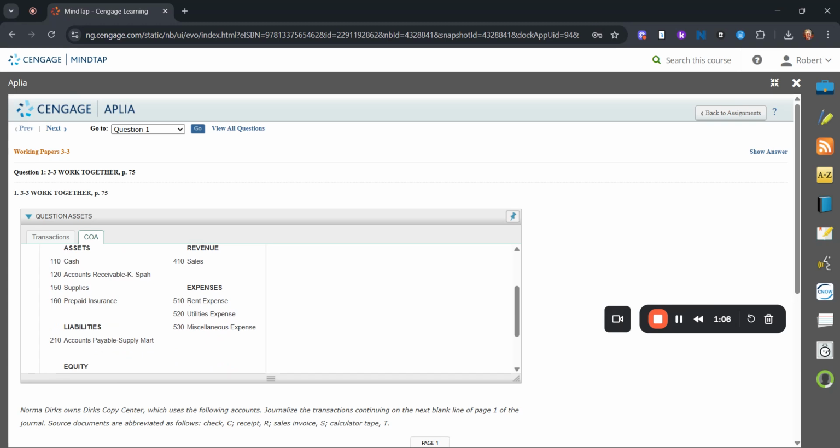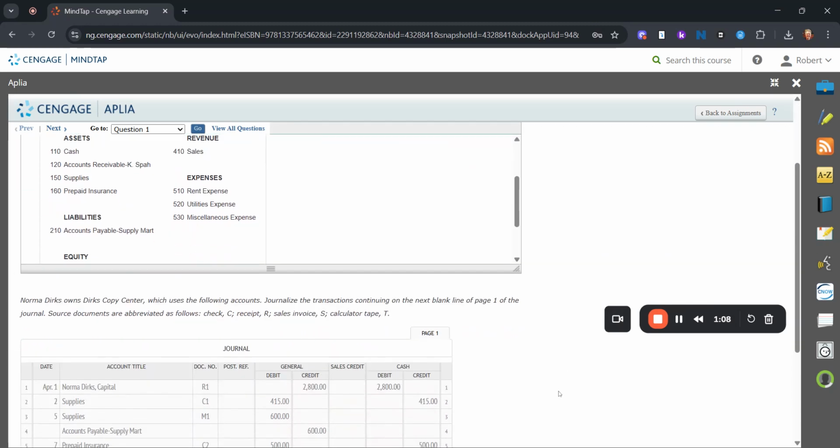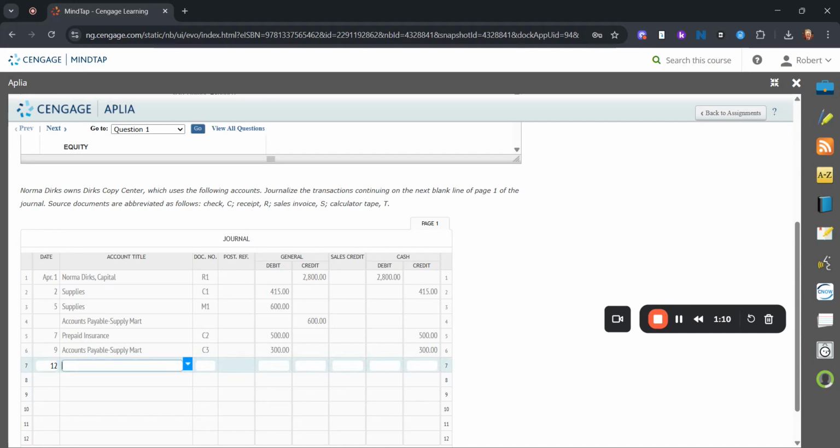But this is going to be rent expense. If you just put in rent there and it goes red, it's going to be rent expense, because this is an expense. That was check 4, so C4.